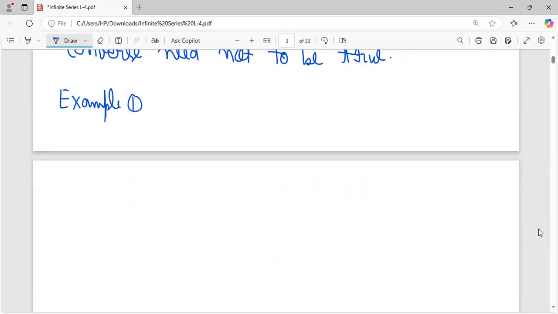Example first. So I am writing the example. See this example.